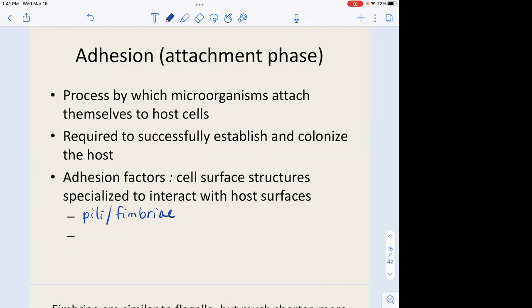In addition, organisms are going to have some kind of attachment proteins. We usually refer to those either as ligands or adhesins. Even fimbriae, for example, will have attachment proteins at the end of the fimbriae, proteins that will specifically fit some kind of receptor on the host cell.